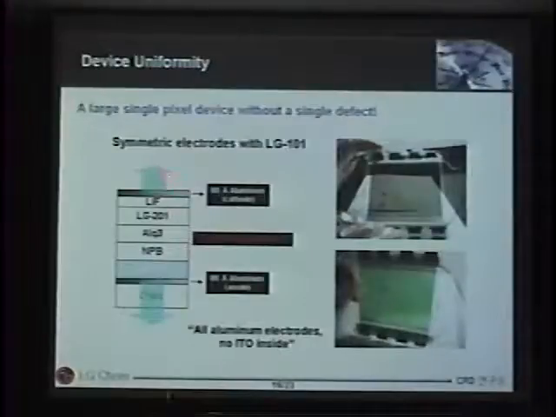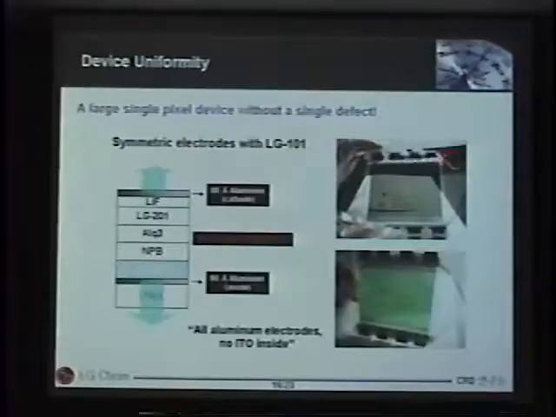So it's semi-transparent for both directions. Okay? And there was no ITO inside. Intel insisted that there are Intel inside, but in our case, no ITO inside. And we use aluminum for both anode and cathode.